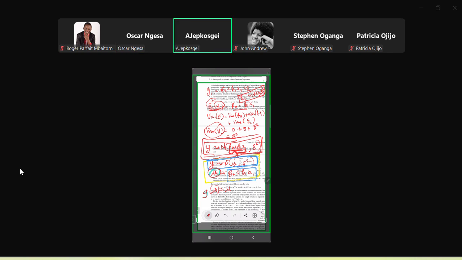From high school, you did matrices, right? There were matrices that if you multiply them with any other matrix, they give you the same matrix. Identity matrix, made up of ones on the main diagonal and zeros on the off diagonals.